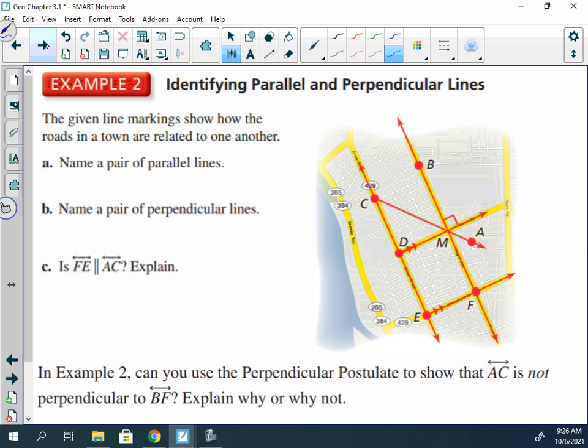But the only issue that I have with that is that we aren't really told if those are parallel to each other. EF for sure, with DM or DA or MA would be parallel.